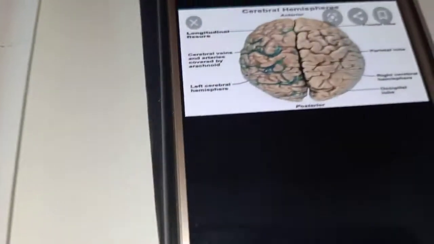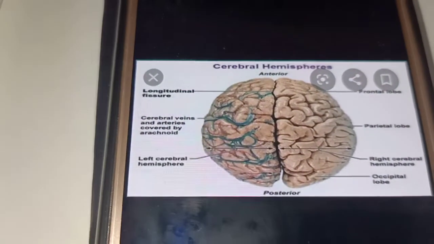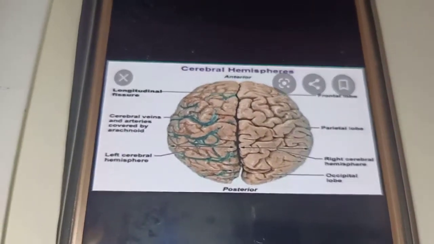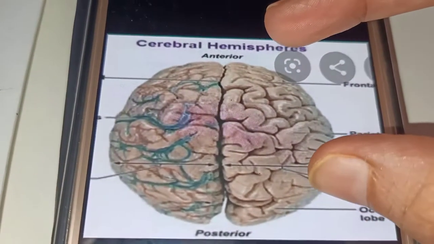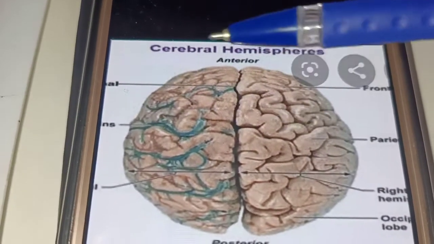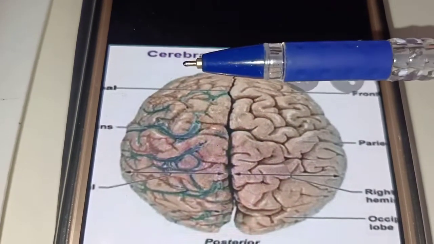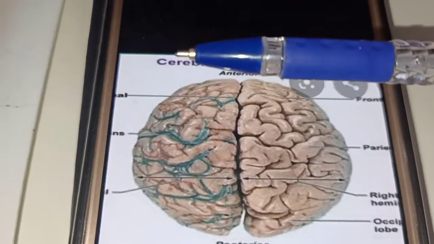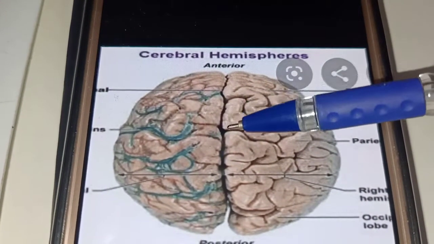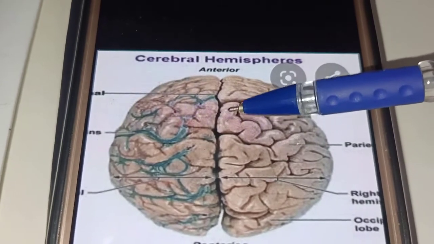So if you take this, there are various sulci and gyri. This is the anterior view, that is the dorsal view, the upper view: this is anterior, this is posterior, and this is the dorsal view from above. You can see various bumps or elevations. These are known as gyri.